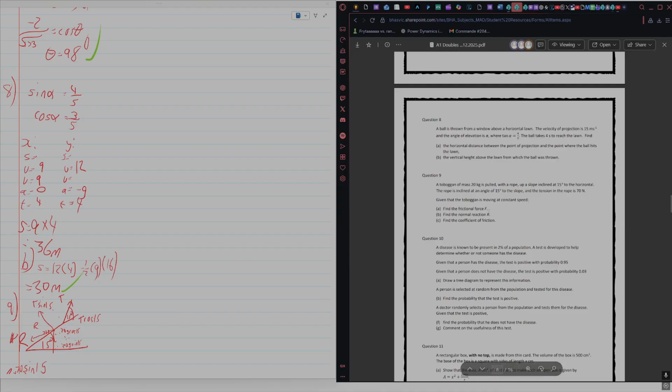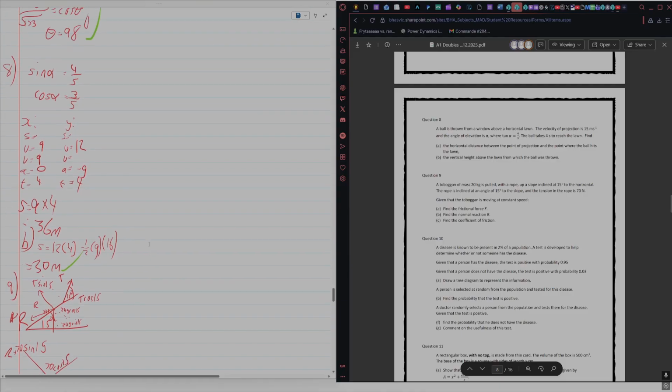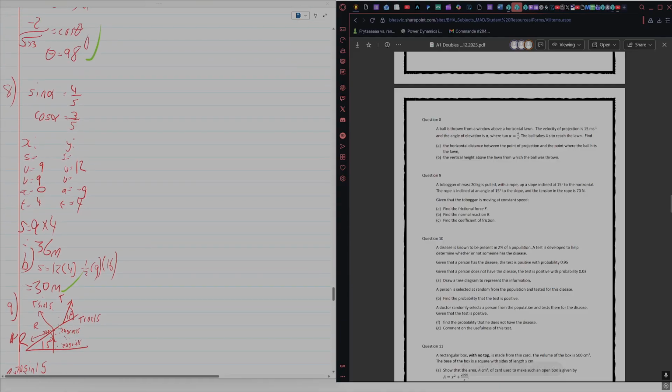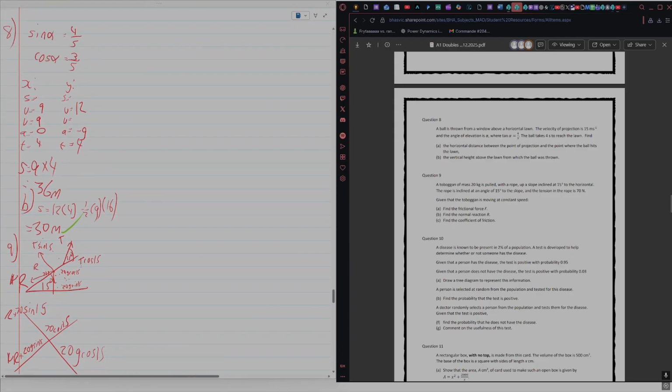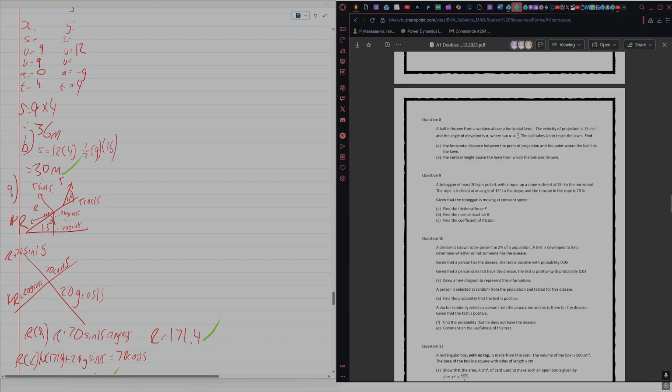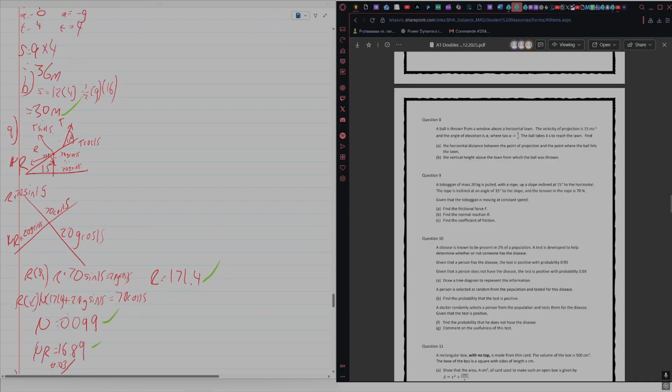All right, next question. We have an inclined plane. It's moving up the plane, so there's friction down the plane. You resolve your weight components. You resolve the string that's 15 degrees to the plane, and then you also draw your R on your cross diagram, resolve perpendicular and parallel to the plane, and you find R, you find mu, and it asks you for the frictional force.